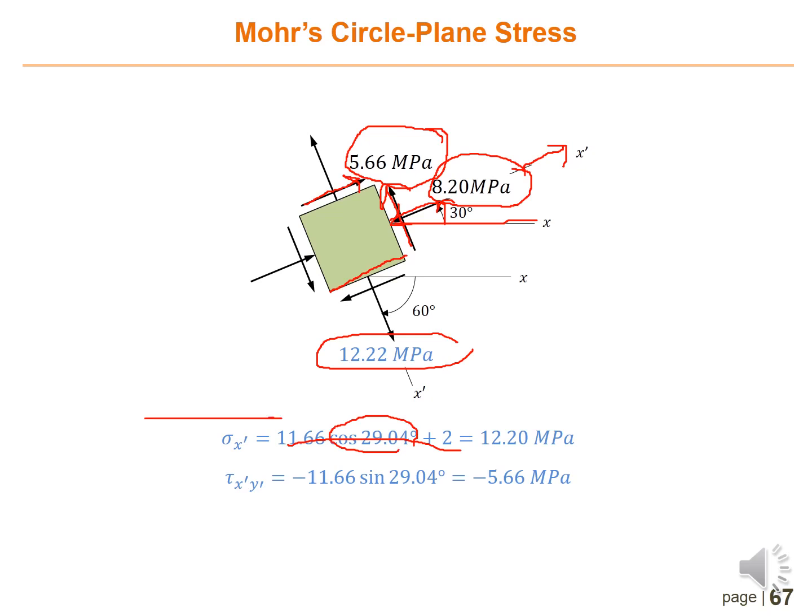Now it is positive here and also plus 2, so you will get 12.2 megapascal for this x prime plane. And tau x prime y prime must be the same as in here, which is 5.66 megapascal. So this one is actually positive, positive 5.66 megapascal. So this is the final answer.